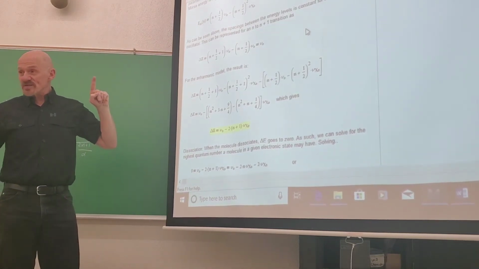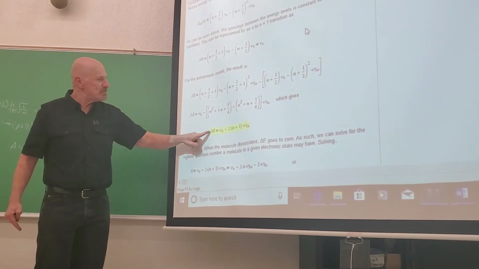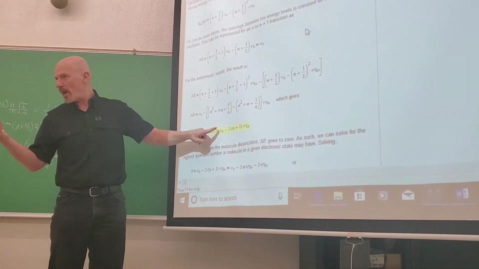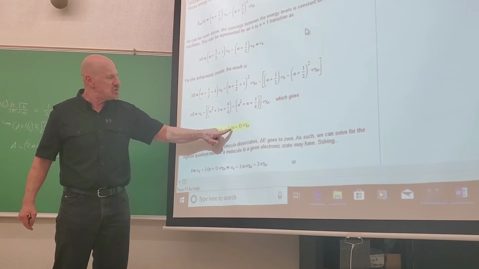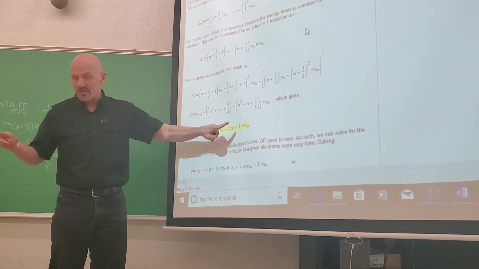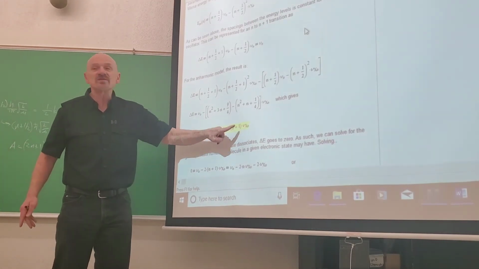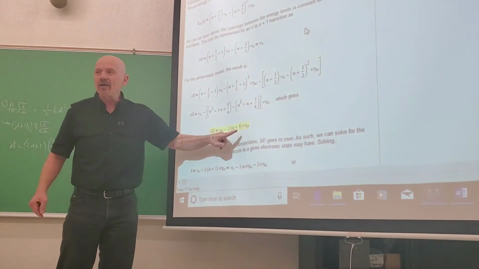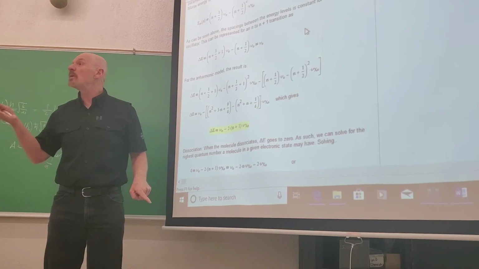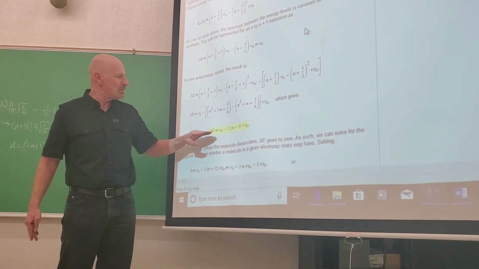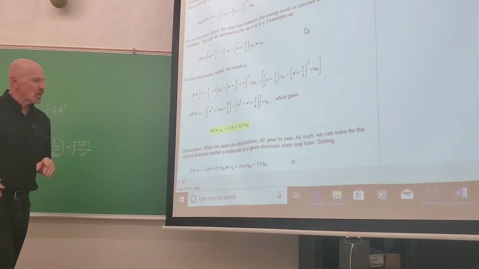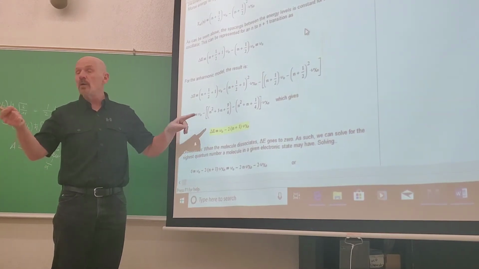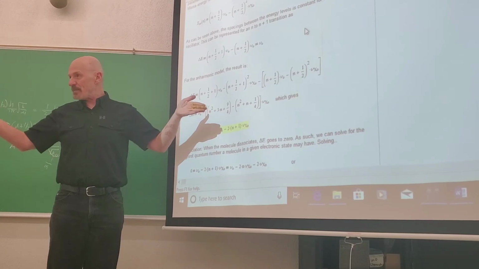For the Morse model, the energy spacing is its fundamental vibrational frequency or wave number minus 2 times (n plus 1), the quantum number, times what is called the anharmonicity constant. This is a value that can be determined spectroscopically. We will do that next week when we meet over that. But when this value turns to 0, the molecule breaks apart.